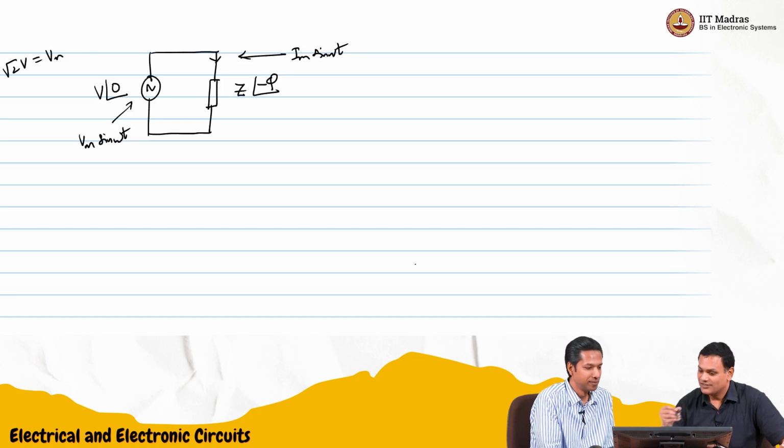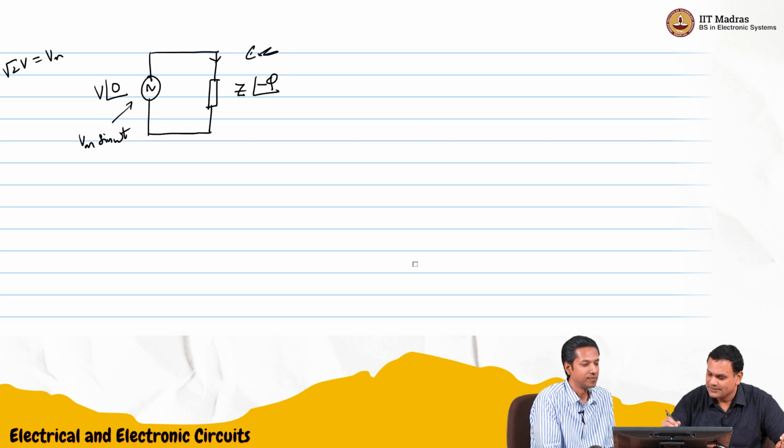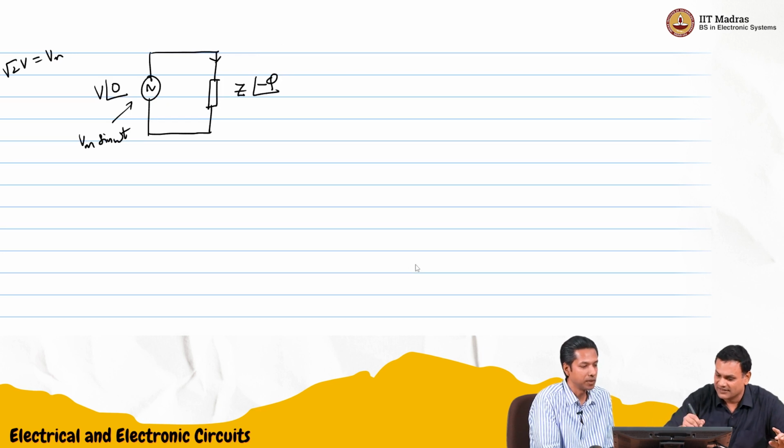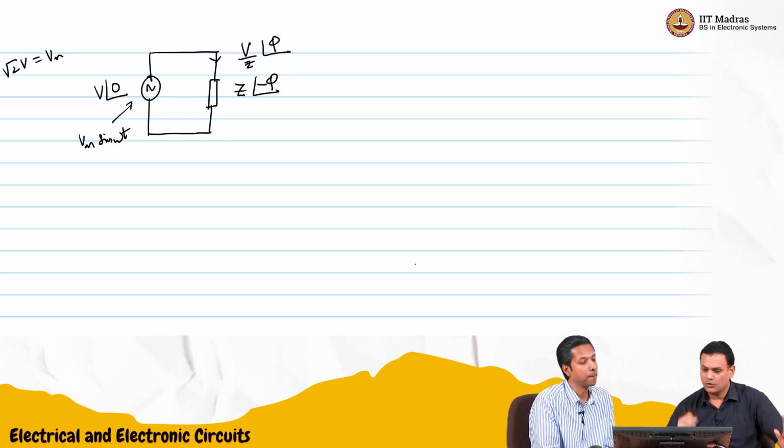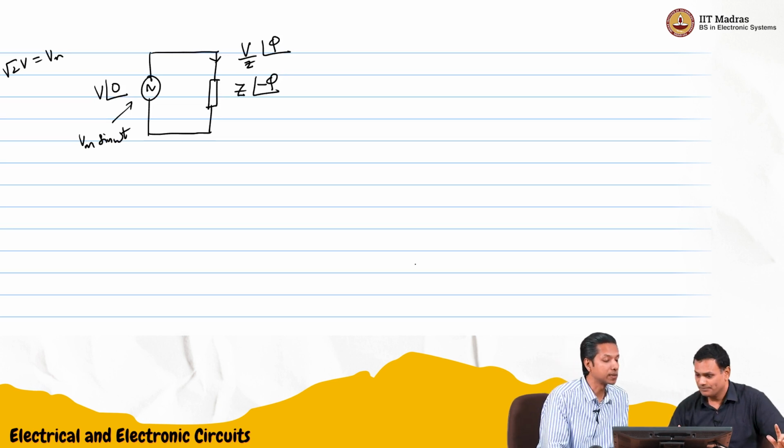We said that you can do a direct division of the magnitudes and a subtraction of the phases. So this current is going to be V by Z, angle 0 minus phi, so angle plus phi. That's the current in phasor form.